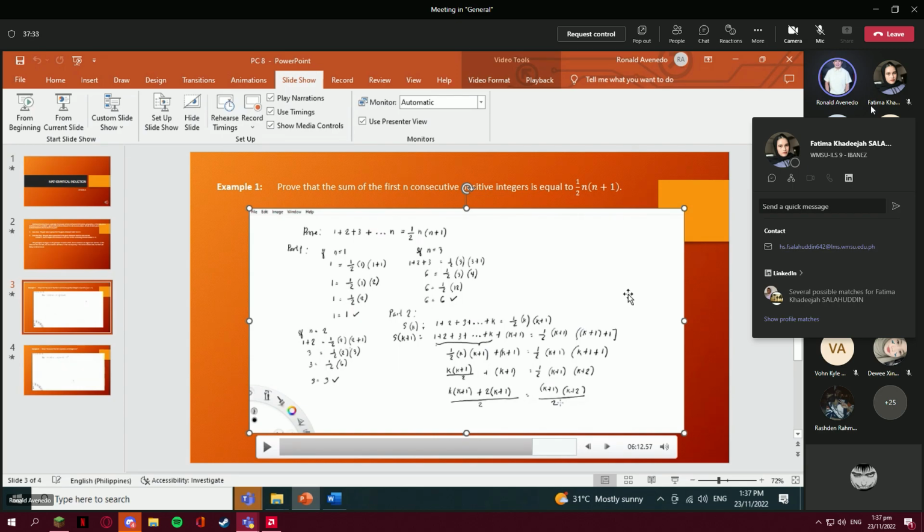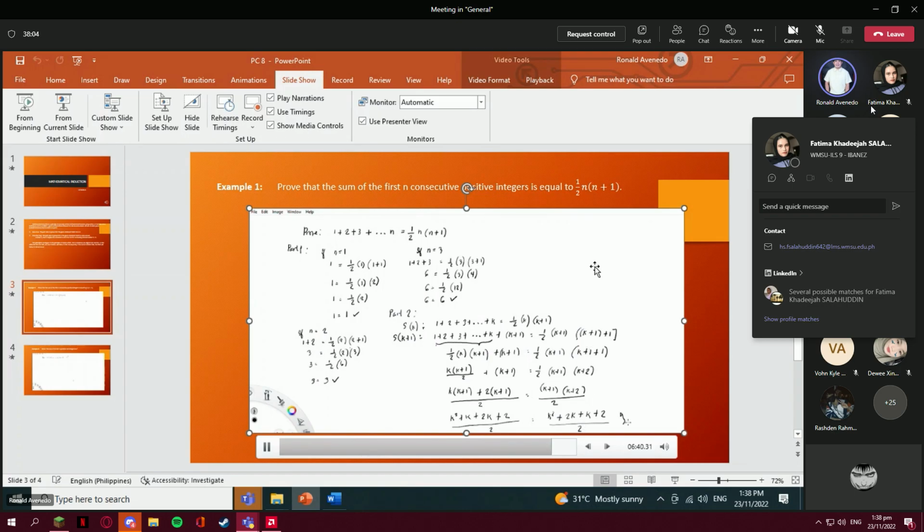Now, simplify. That is distribute k to k plus 1. That is k squared plus k, then plus 2k plus 2. On the right side, k plus 1 times k plus 2, FOIL method: k squared plus 2k plus k plus 2.